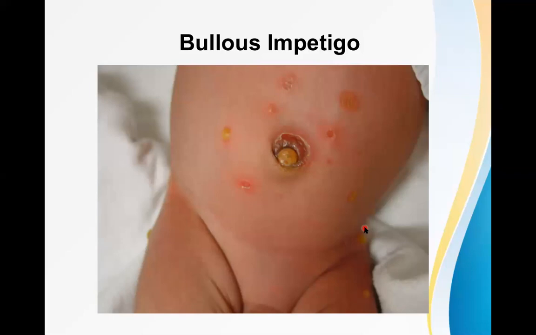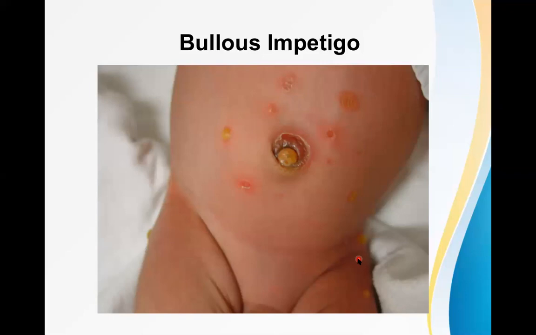But if I see a lesion like this, looking like a bulla, and also some bulla which are ruptured, probably Staphylococcus aureus is the causative agent, because this is a bullous type of impetigo. This is a bullous variety. So these are the questions which will be asked to you if you understand the topic.